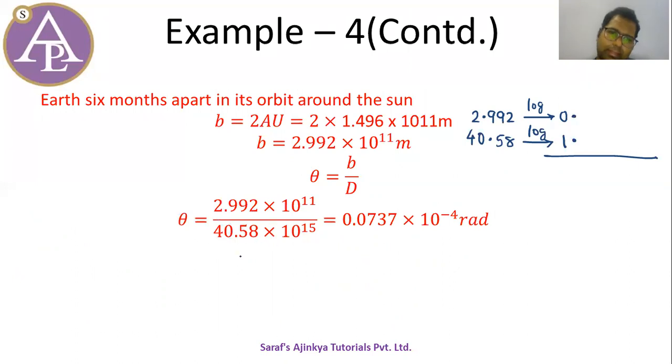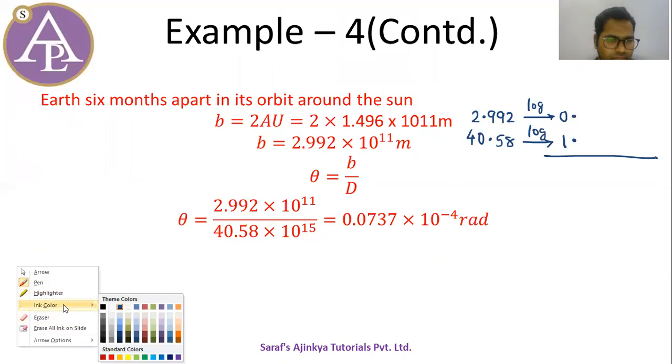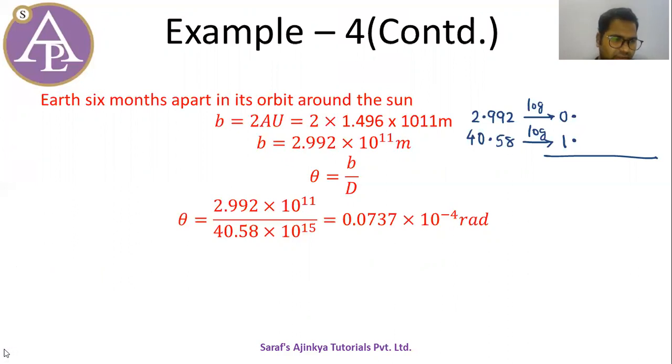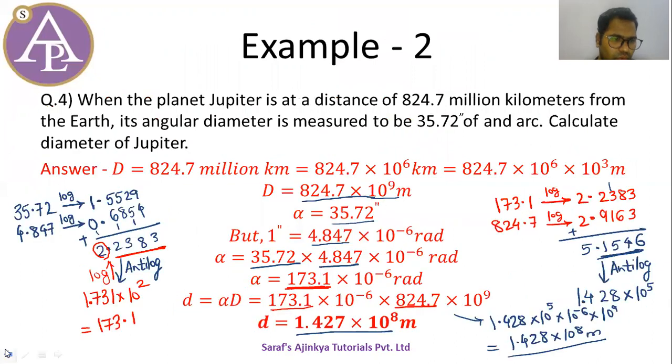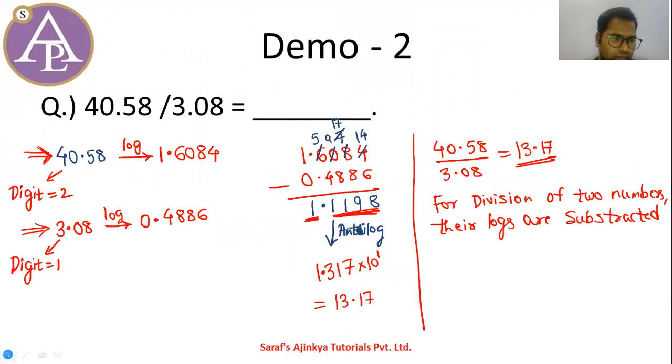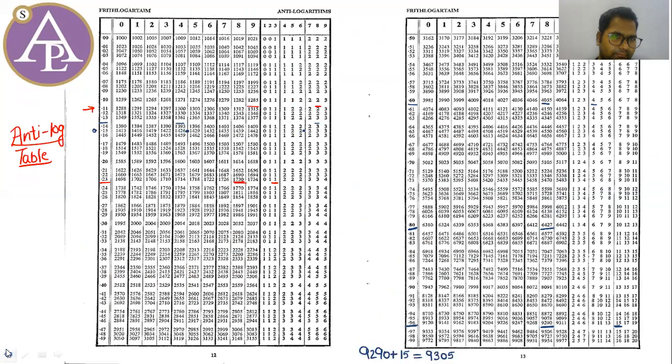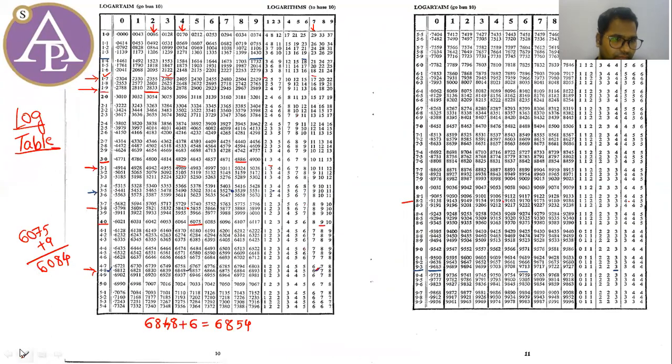So this will be 2992. First number is 2992. So let us go to log table to cross check 2992. 299 and 2.